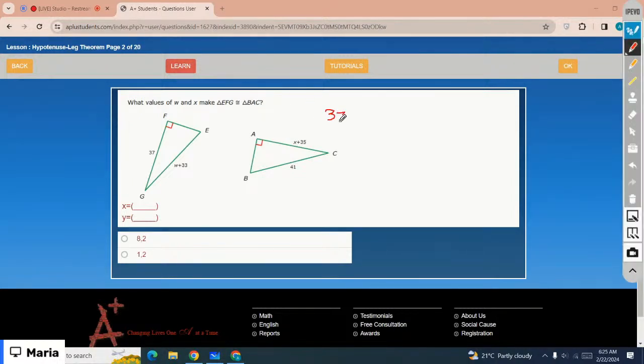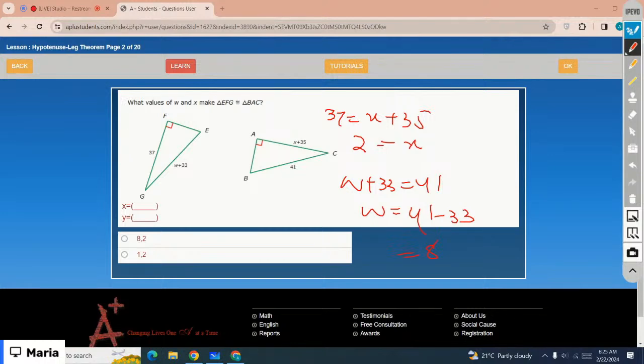So 37 equals X plus 35 and X equals 2. Then GE and BC are equal, so W plus 33 equals 41 and W equals 41 minus 33, that equals 8. So the correct option is 8 and 2.